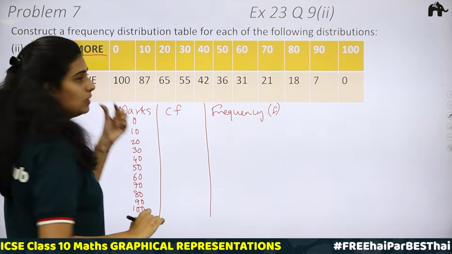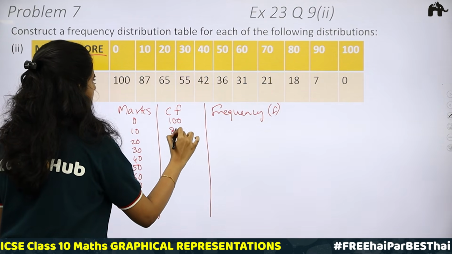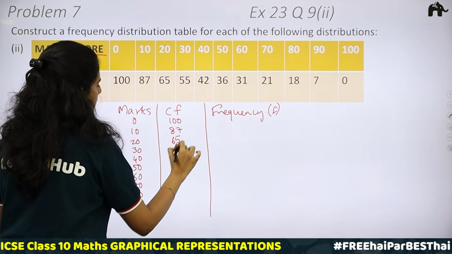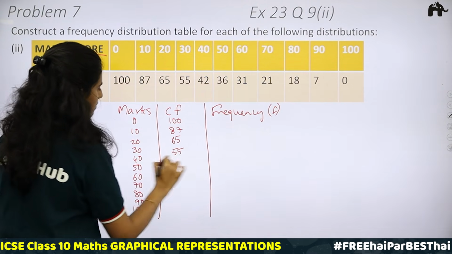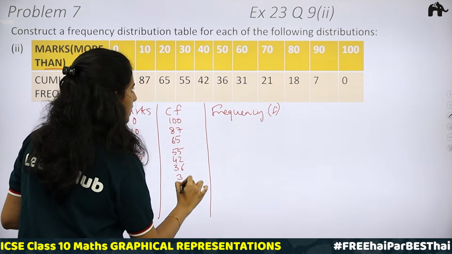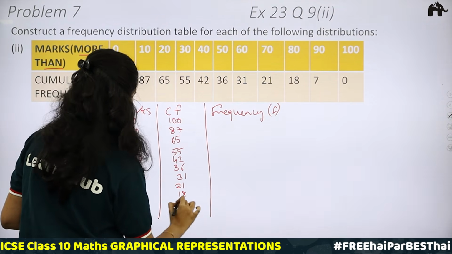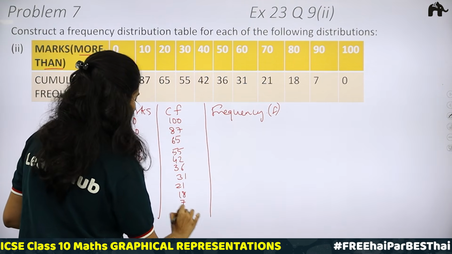Okay, next the cumulative frequencies. Here it is 100, 87, 65, 55, 42, 36, 31, 21, 18, 7, 0.